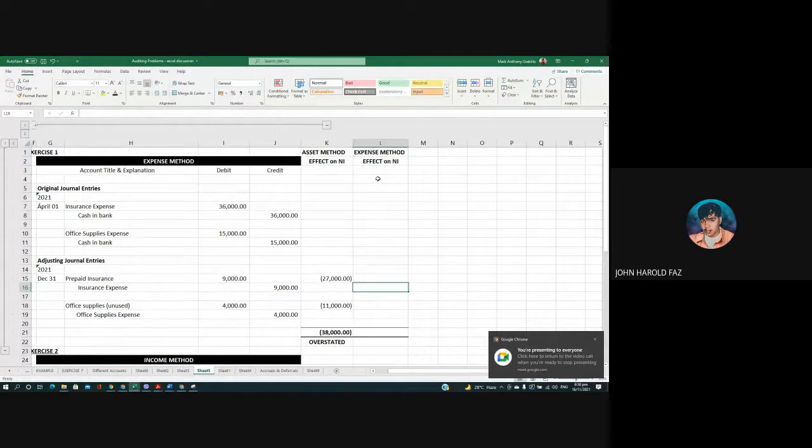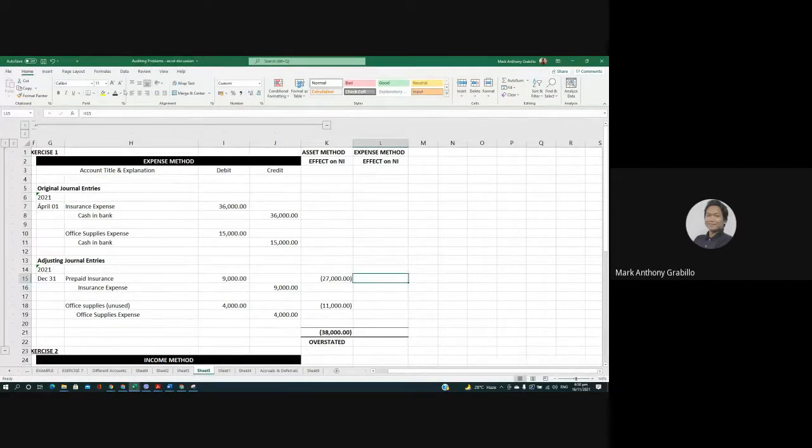Ano po, understated ng 9,000. Understated siya by 9,000 pesos. So kapag understated, John Harold, idadagdag or ibabawas sa net income? Idadagdag po. That's correct. And then for the office supplies, ano kaya ang effect sa net income kung hindi makaka-record ng unused office supplies at the end of the year?